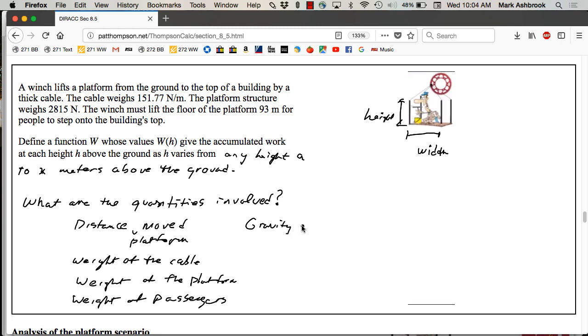You're saying acceleration? Okay. Anything we've not covered? Yeah, Bryce. Okay, so maybe let's adjust this. The weight of the cable, what? Like per? Are you saying per meter? Okay.